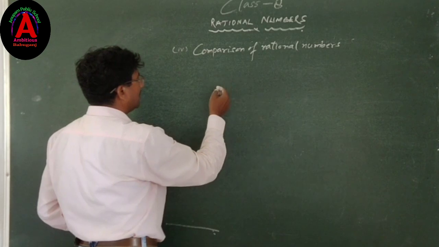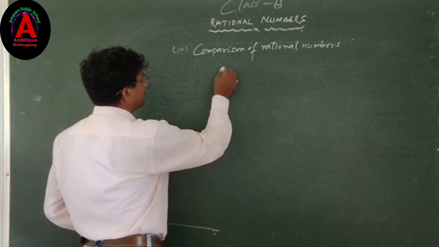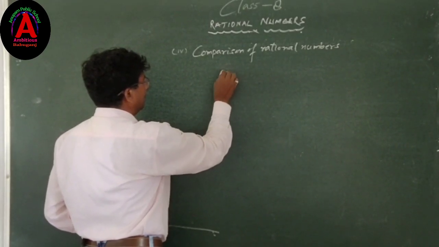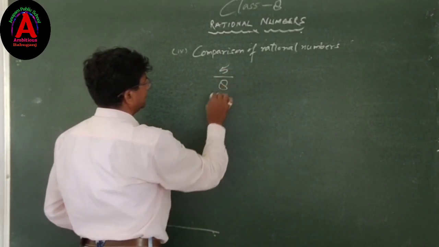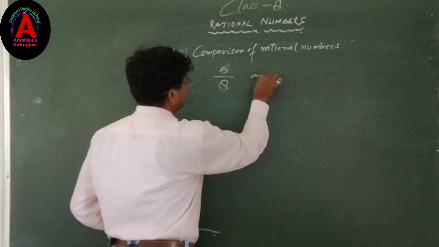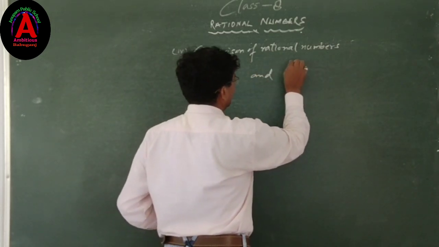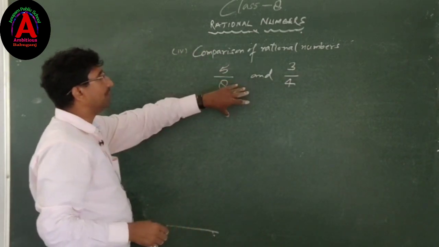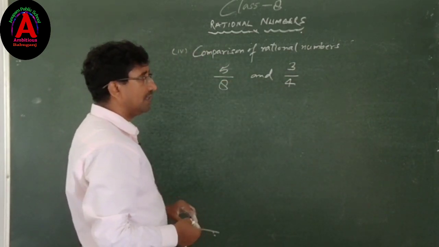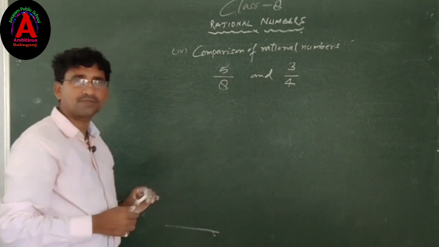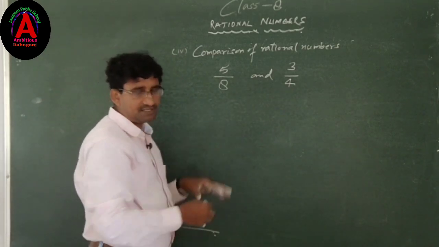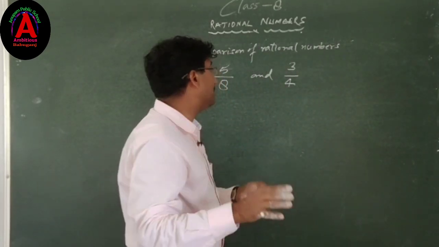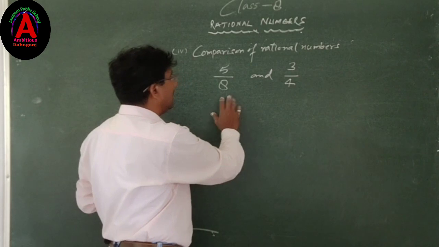Suppose our rational numbers are 5 by 8 and 3 by 4. We have to compare which rational number is greater. Firstly, we pick out our denominators.